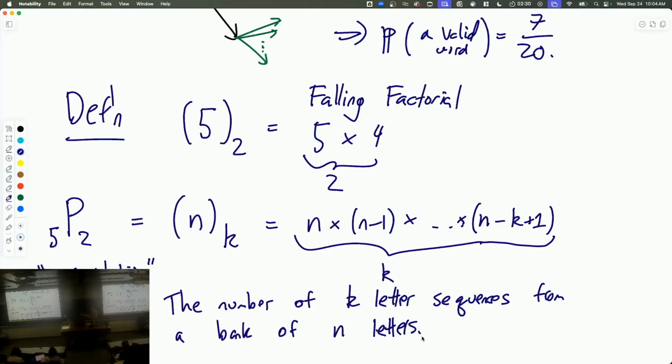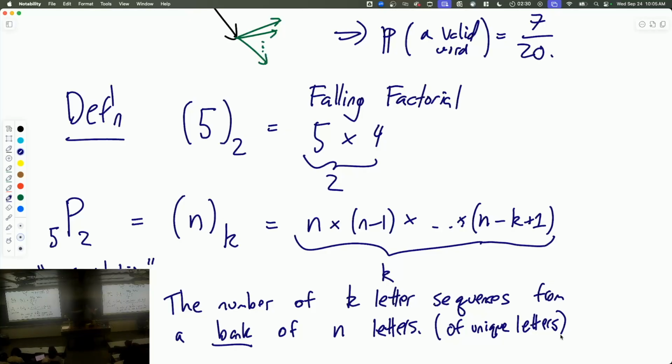If n equals k, then you're back in the case we were in for the original problem. If k is less than n, then it's counting these short words. Maybe I should also specify the bank is of unique letters. They're all different. We'll have a case where they're repeated coming up soon, and then you have to be a little bit more clever. All right, any questions or comments about that one?